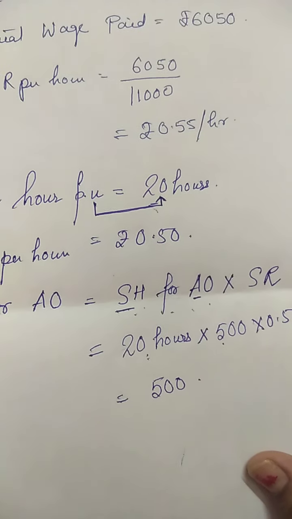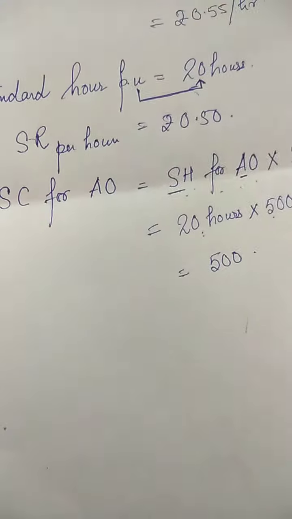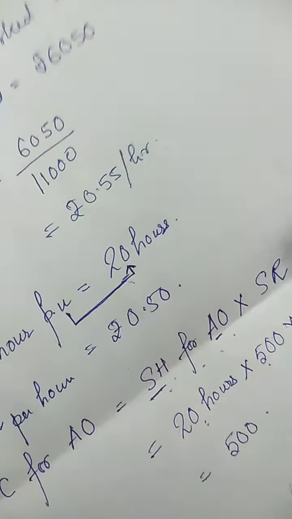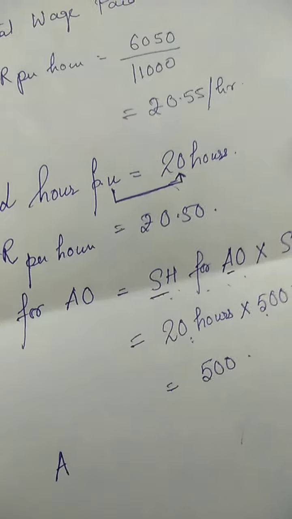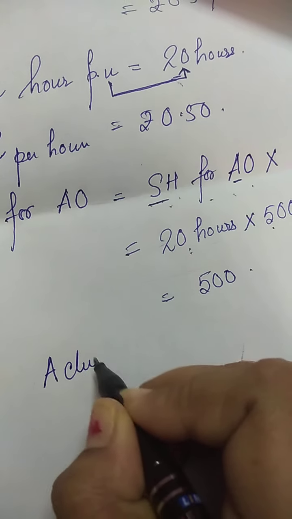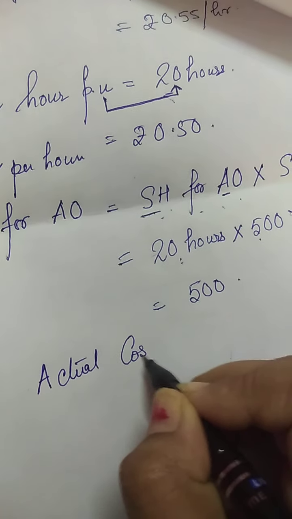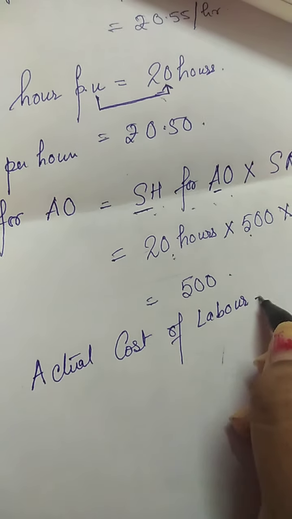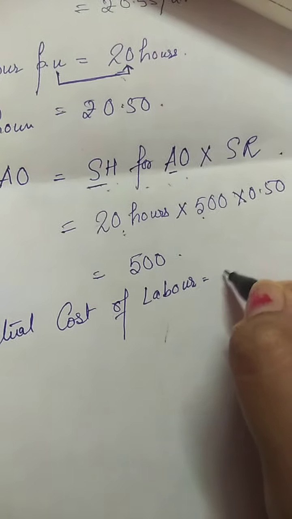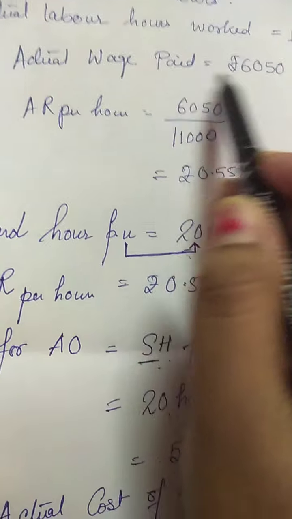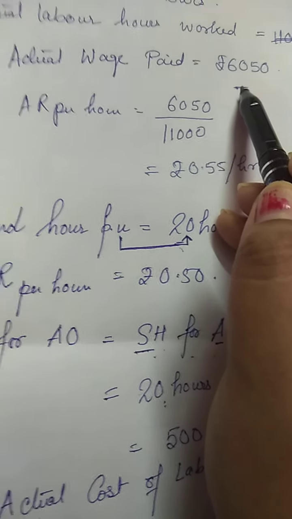Now, I have to find out actual cost. Actual cost of labor, that means actual wages paid. The formula is actual hours into actual rate. But this information is already given in the sum. Actual wages paid is 6050.